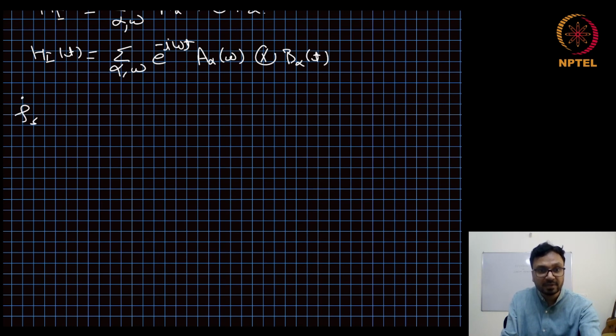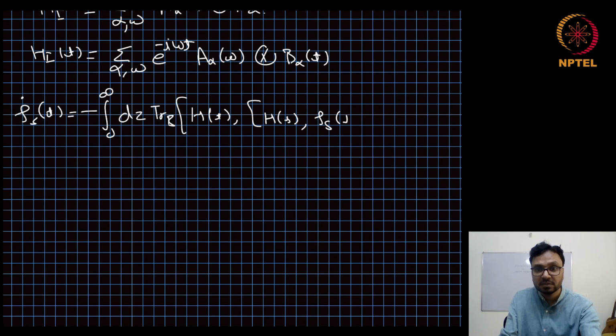From here, the dynamical equation rho s dot at time t becomes minus 0 to infinity d tau, which was trace over bath H_I at time t, commutator H_I at time t minus tau, rho s of t tensor rho b.